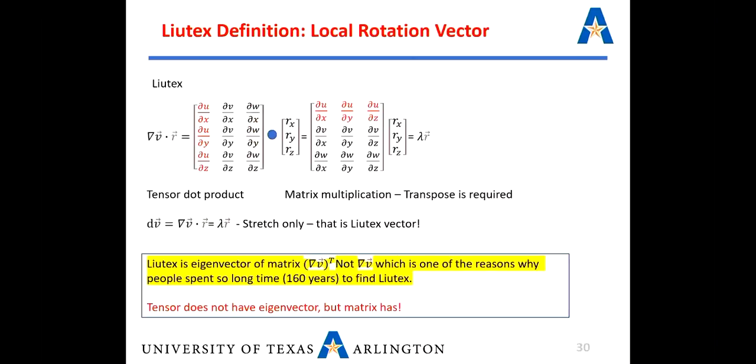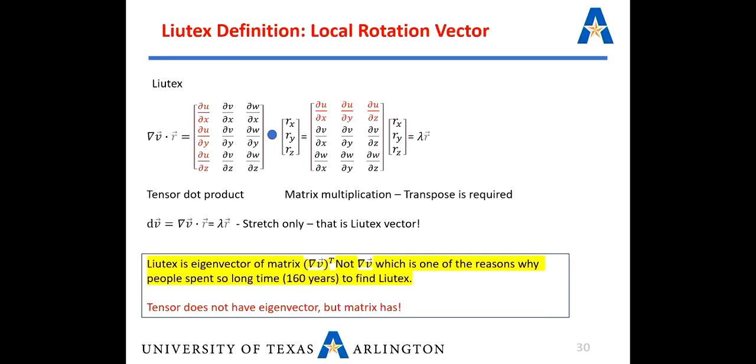Local rotation vector, as I said. Well, we talked about this already. Stretch only. When we talk about the matrix, this is gradient of V transpose.